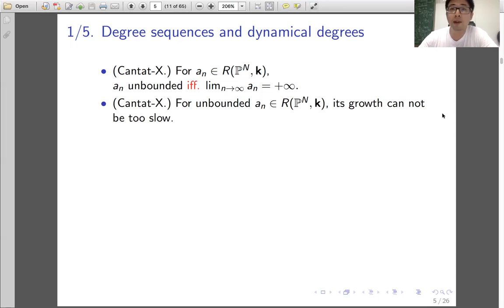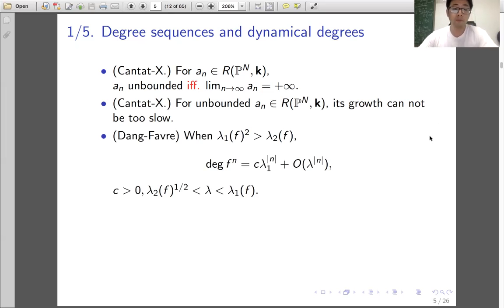I mean, it cannot be slower than some very weak bound, something slower than log n, something like that.